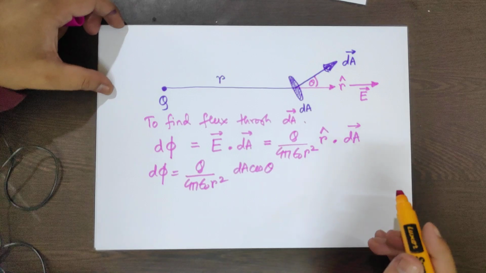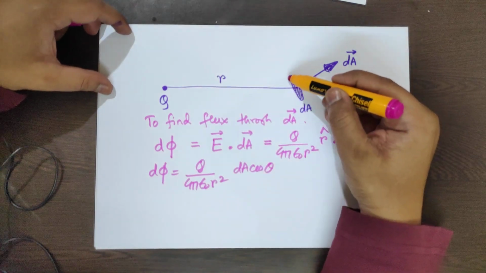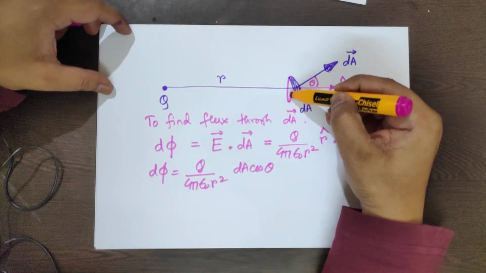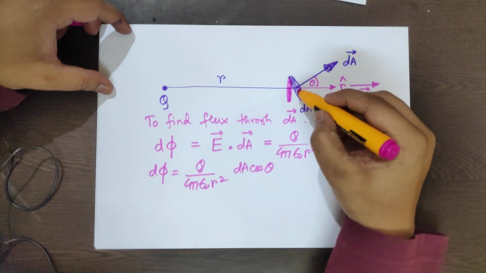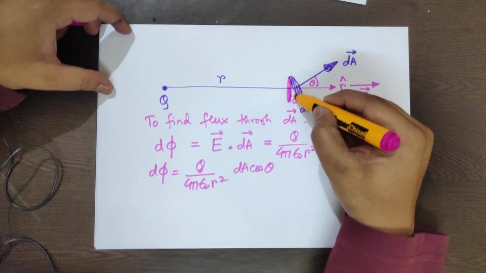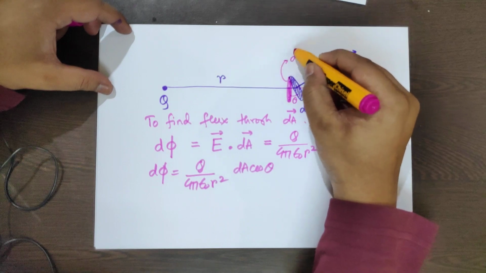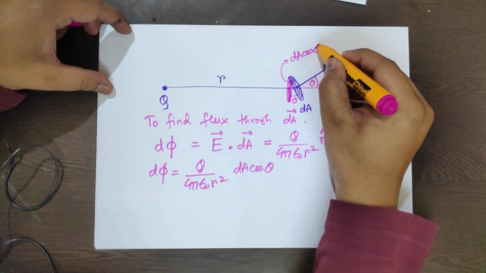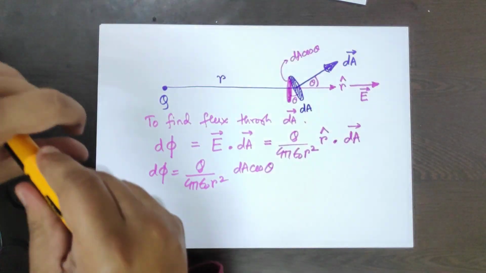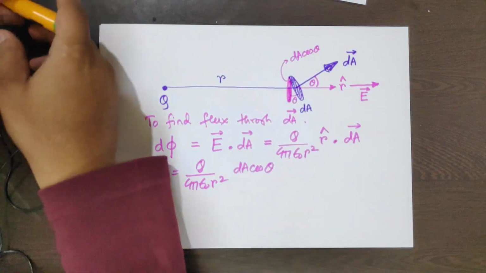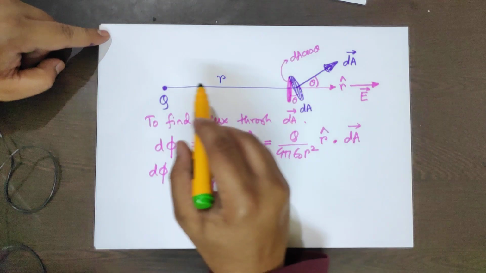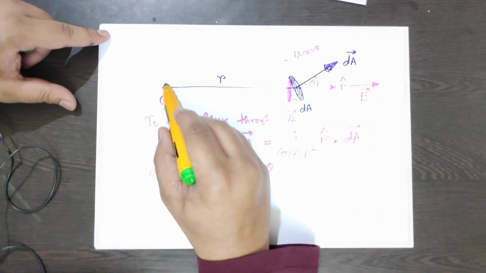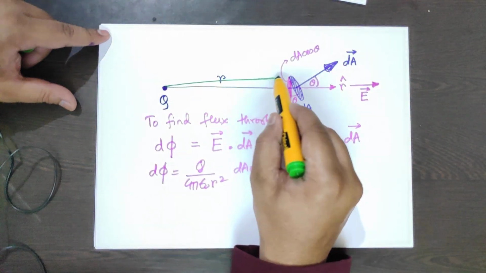Now what is dA cos theta actually? See, dA cos theta is this area, the component of this area; this is also theta, so this component of the area is dA cos theta. And the solid angle subtended by this dA at q, or this dA cos theta at q, same thing, is this much.